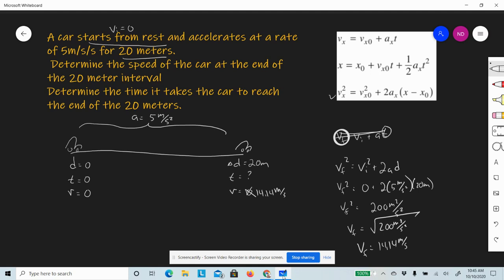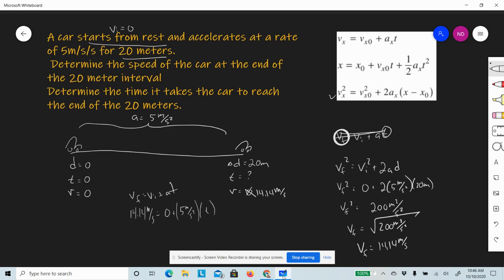Now that we know VF, the V at this change of position, we can go back to that first equation: VF equals VI plus AT. We now know the final velocity was 14.14 meters per second. Yikes, erase that. 14.14 meters per second equals initial velocity of 0 plus the acceleration of 5 meters per second squared times time.